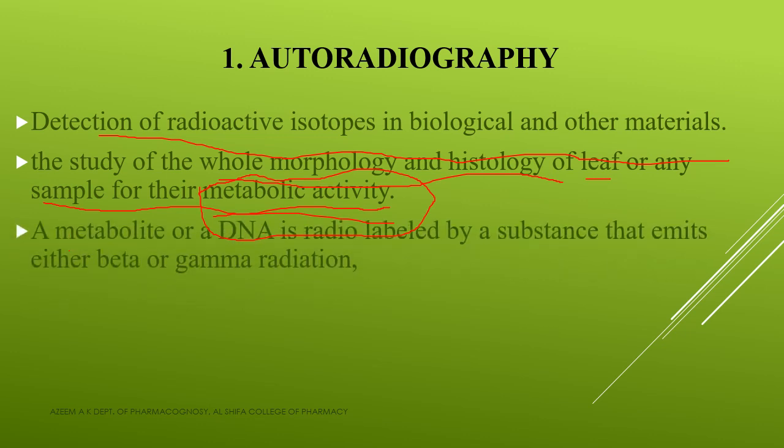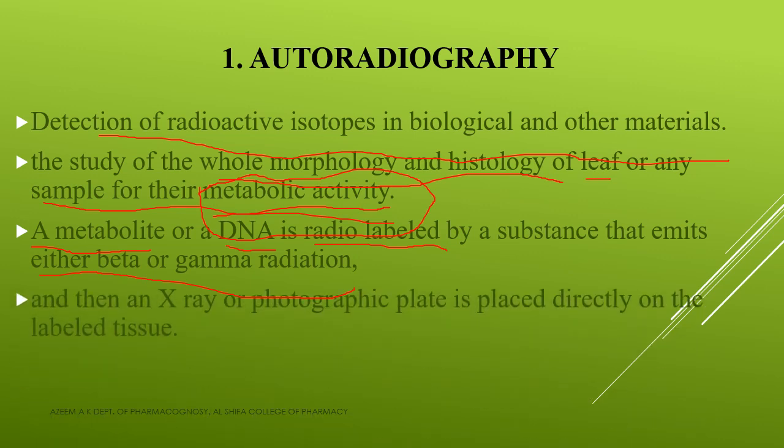We take a plant, select a metabolite or DNA of the plant, and radio label it with a substance that emits either beta or gamma radiation.